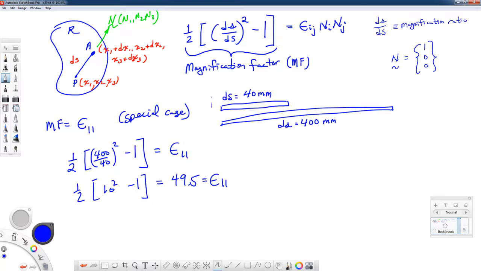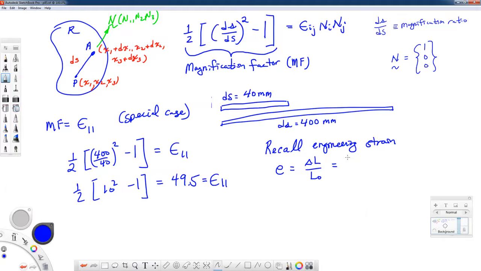Okay, so that's a pretty interesting strain value. What does it mean? Well, maybe it doesn't mean a whole lot, but let's put that in context. One of the things that you've probably done in your first class in stress analysis is engineering strain. So the definition of engineering strain, we're going to call that little e in our class. It's the change in length divided by the initial length of some body.